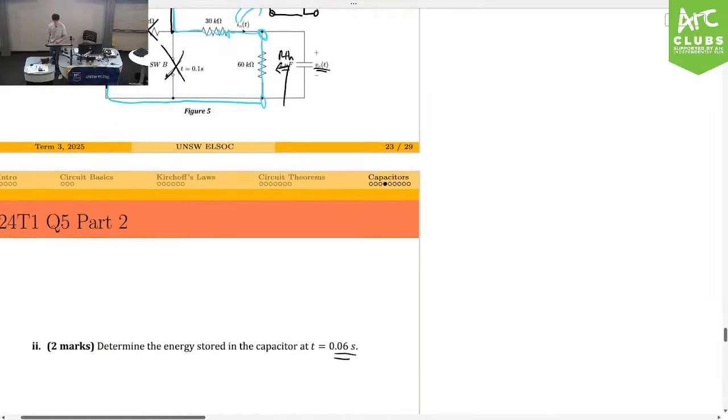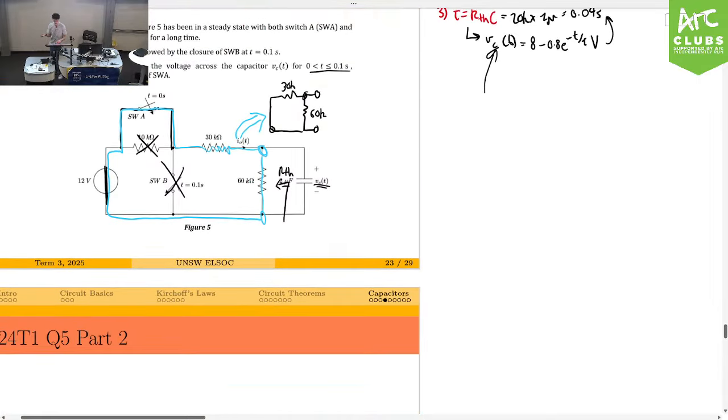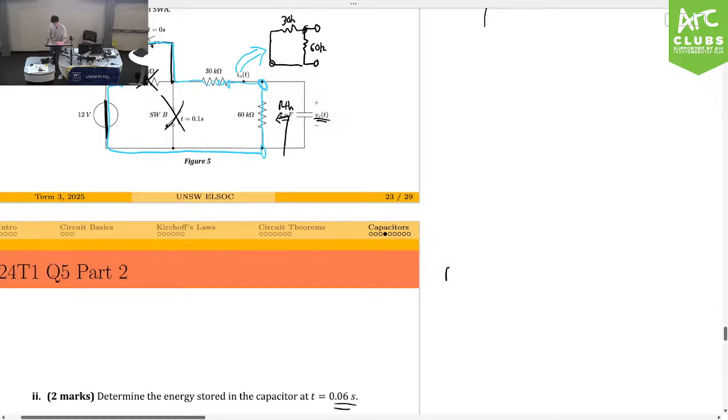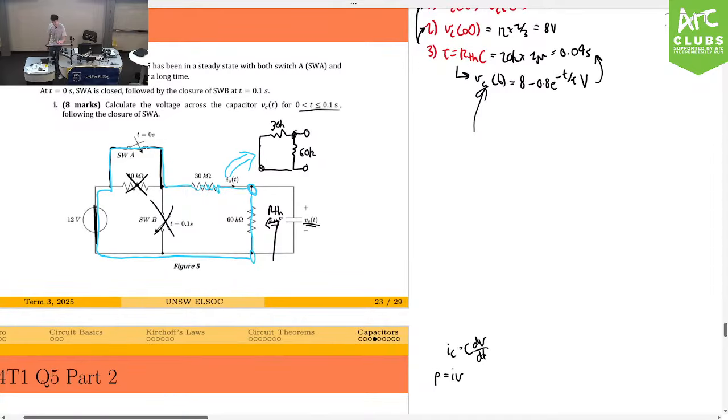We've been given the voltage, and we know that P is equal to IV. I know that I_C is equal to C dV/dt. So if I take this result up there and differentiate it and multiply by C, then I'll get I.